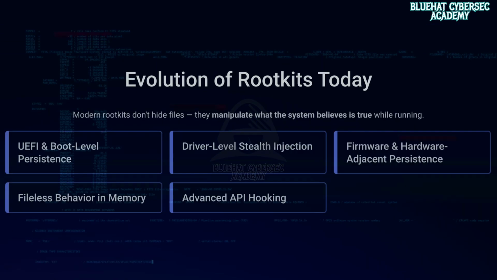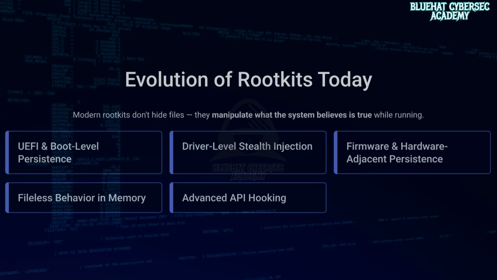Now let's bring the discussion into the present, into modern rootkit trends. Modern rootkits have shifted away from obvious file hiding and instead focus on blending into system architecture itself. So today, we see trends like boot-level and UEFI persistence mechanisms, driver-level stealth injection, firmware and hardware-adjacent persistence, fileless rootkit behavior in memory, and advanced hooking techniques integrated directly into legitimate system APIs.